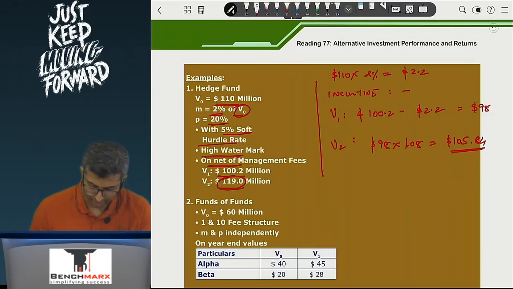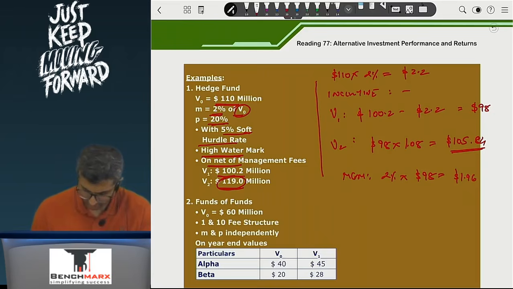Over here, when I look at this, my fund has made 119, however there would be some management fee. So if I look at the management fee, this is 2% of 98, and 98 into 0.02 will come to, let us say, 1.96.